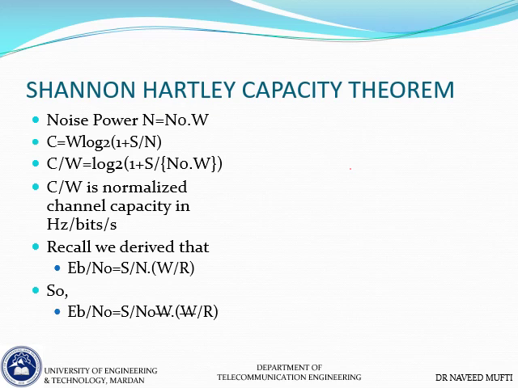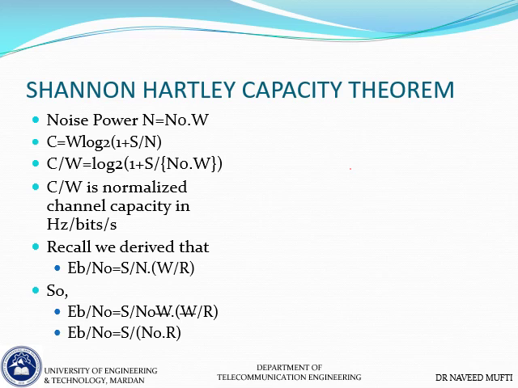Once again, we can replace noise power N by the product of noise power spectral density N naught multiplied by its bandwidth W. So we can replace N by N naught W in this expression of EB by N naught, and then the W's cancel each other.